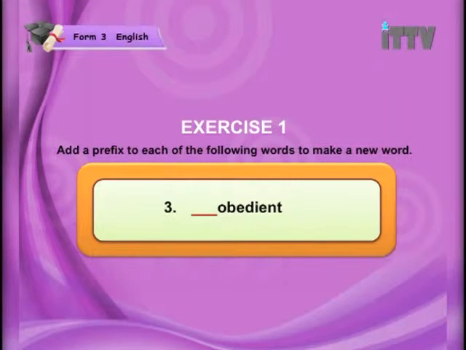Number 3, obedient. Now what's the prefix for obedient? Disobedient. Next, stop. Answer, non-stop. Number 5, able.